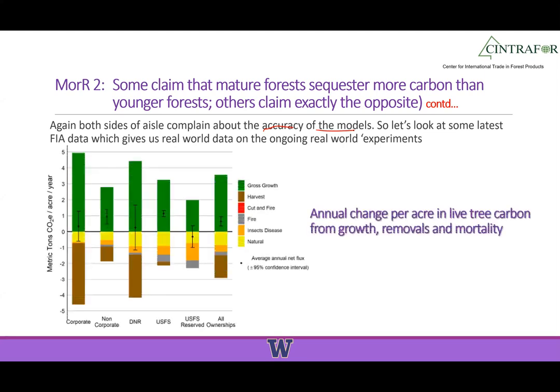In this particular graph, I'll talk about it in detail, but let me first talk about what the bars represent. The corporate bars are the highly, intensively managed forests, managed for production and sale, lumber production and sale, or any kind of wood production and sale. On the other end of the spectrum, we have the USFS forests, where we do minimal harvest, and then the reserve forest, where there's absolutely no harvest.